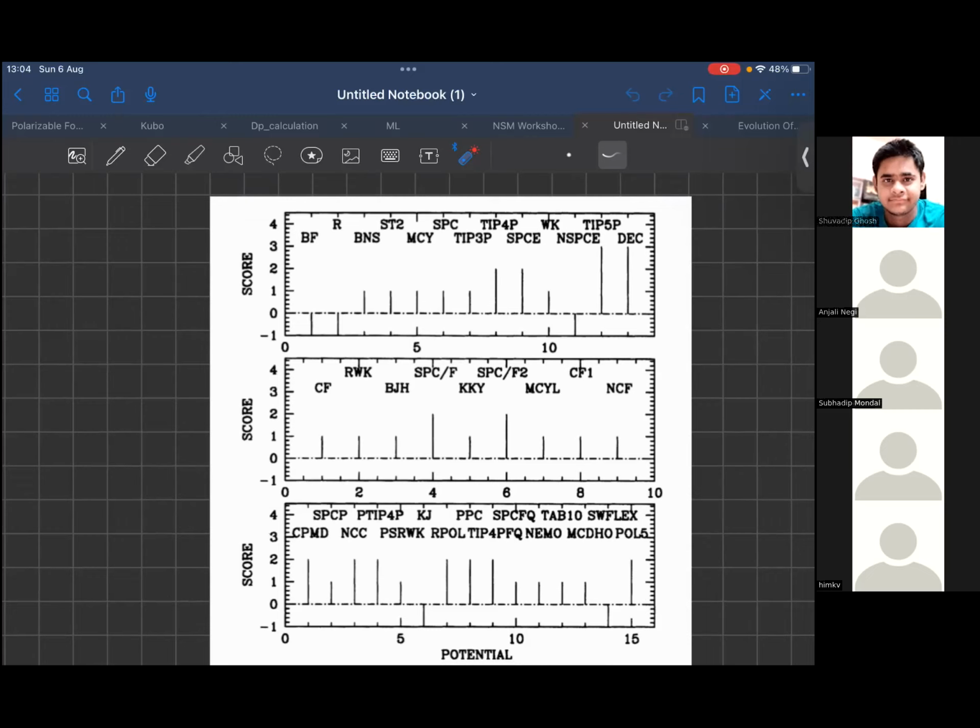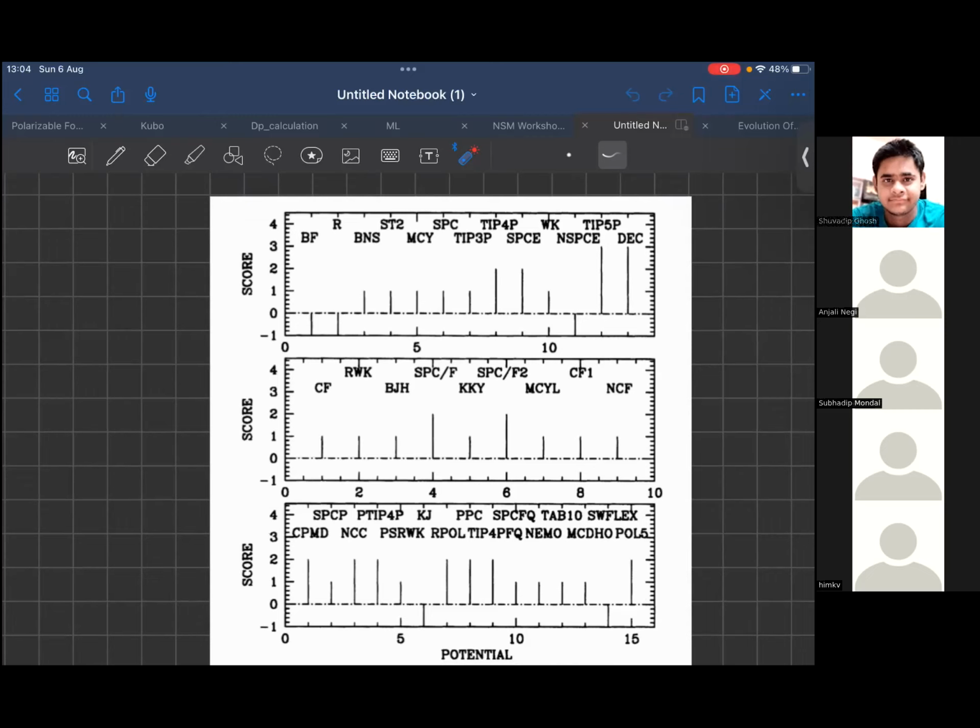If it agrees badly with the experimental result, it gives -1, if reasonably good then 1, if better than that then 2, and if best then 3.